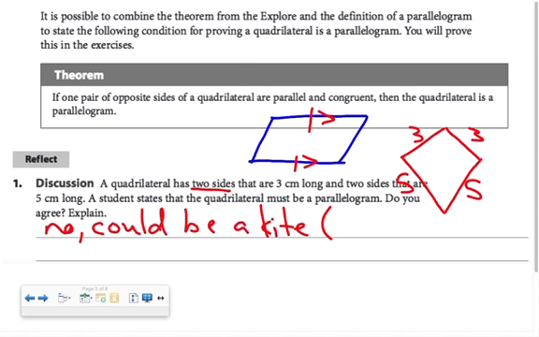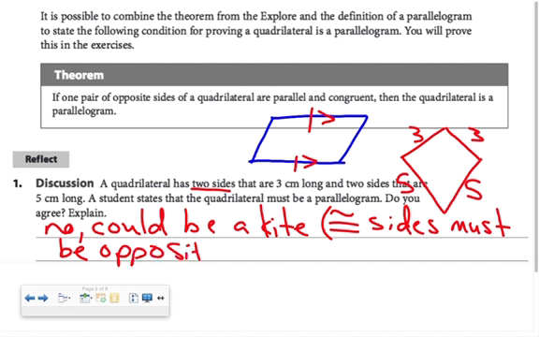Furthermore, congruent sides have to be opposite to be a parallelogram.